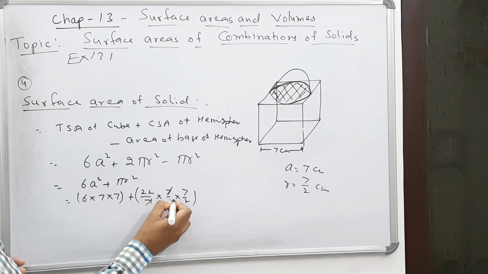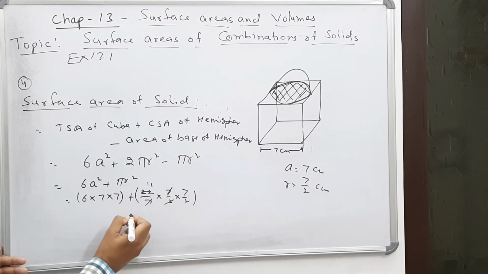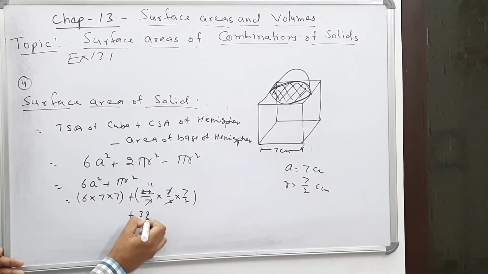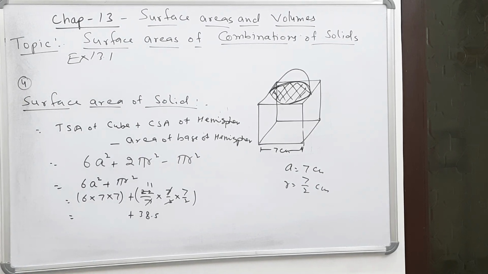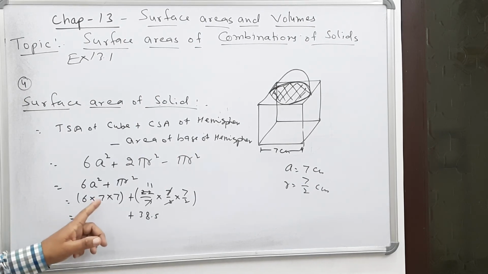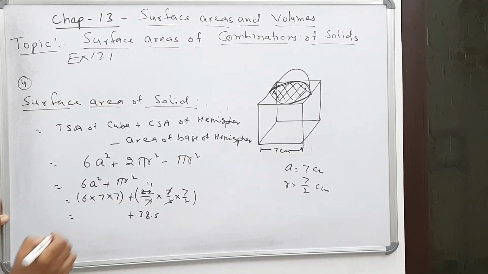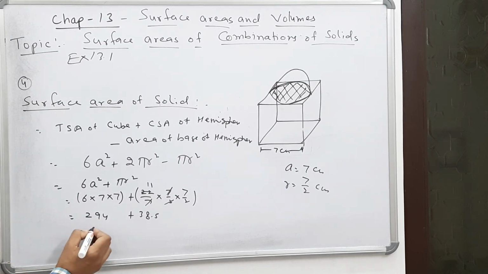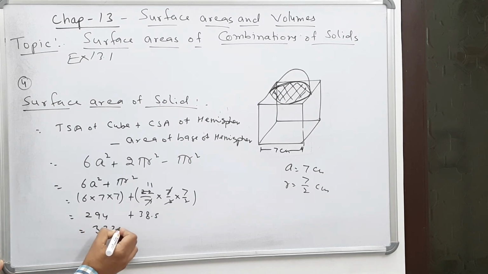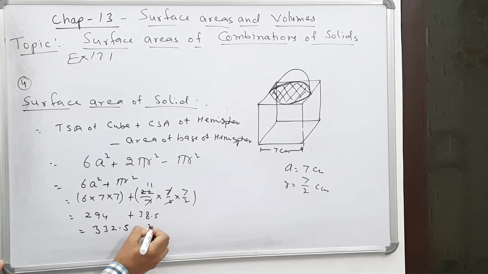So this 7 and 7 cancelled and it is 11, 77 upon 2, it is 38.5. And if you see this part, it is 49 into 6, so it is 294. And if you add these two areas, then the answer will be 332.5 centimeter square.